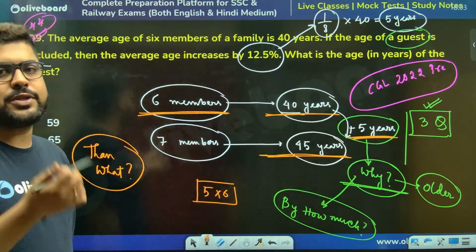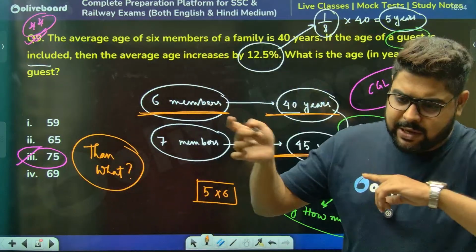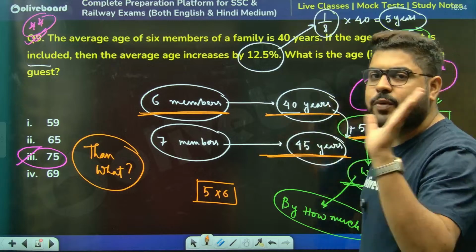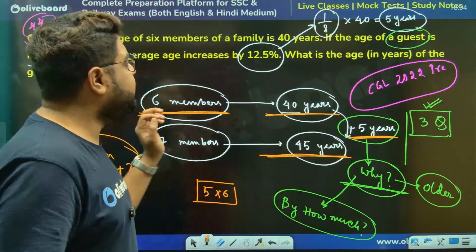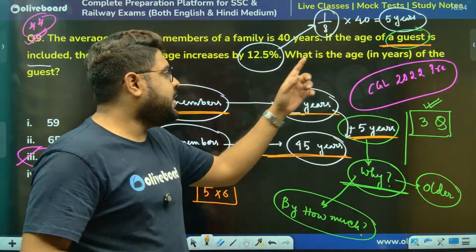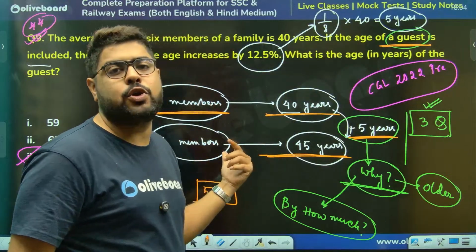They are very confused. So I'm giving you one very unique way. Whose age are you finding? I am finding the age of this guest. So the person whose age I'm finding, that person was included in the group.